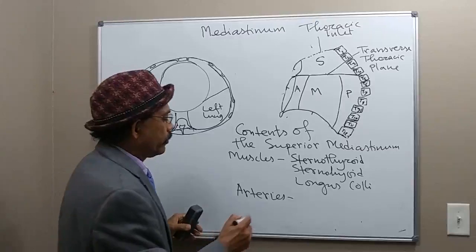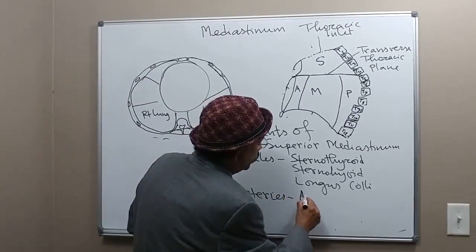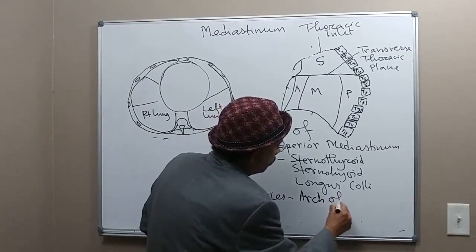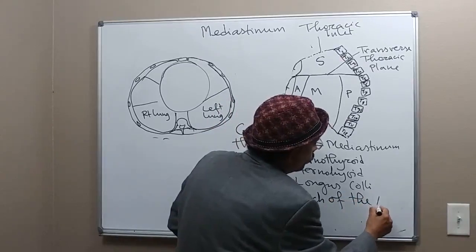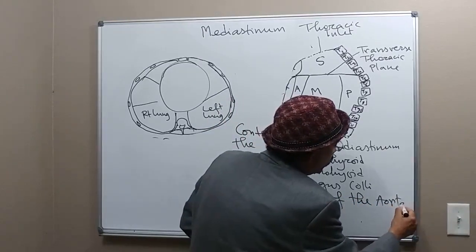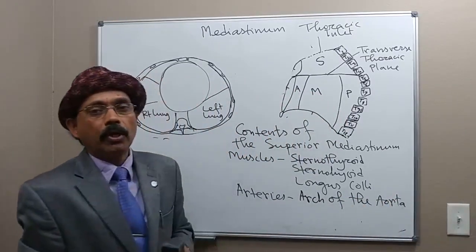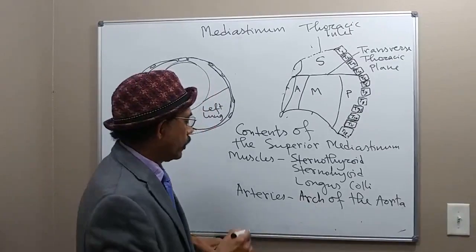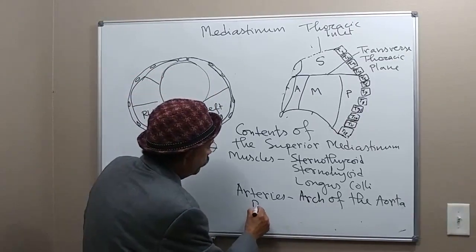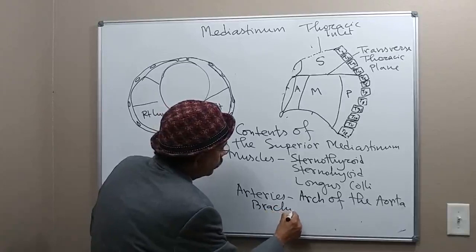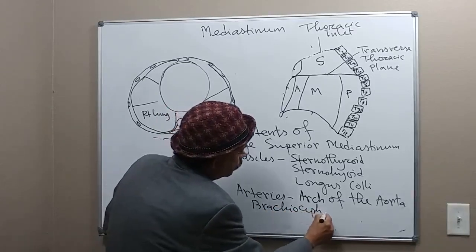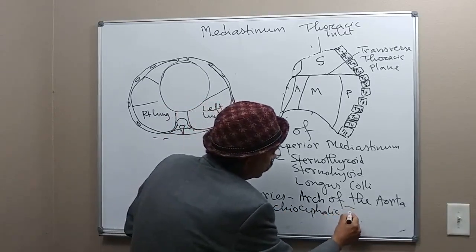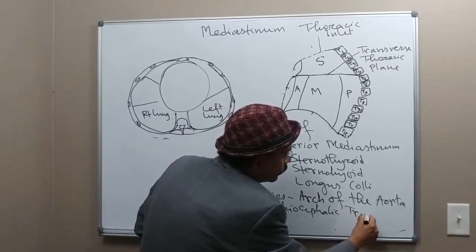What are the arteries? The arch of the aorta and its branches. What are the branches of arch of aorta? We have the brachiocephalic trunk or brachiocephalic artery.